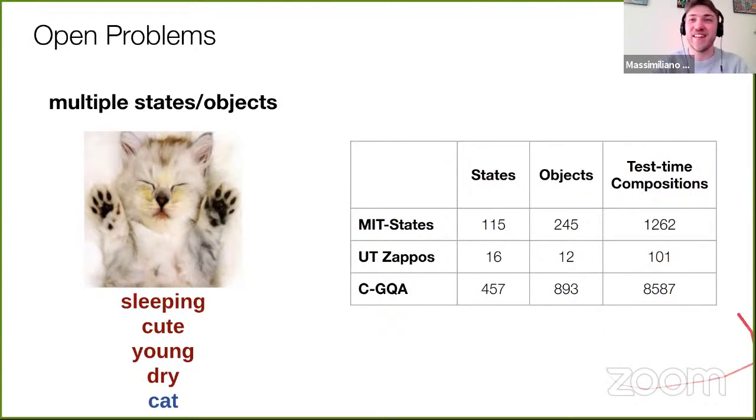And these are 1,262 for MIT-States, 101 for Zappos, and for C-GQA, almost 8,500. But these actually represent just a tiny bit, not for Zappos, but for MIT-States and C-GQA, we are actually looking at a tiny portion of the full compositional space.